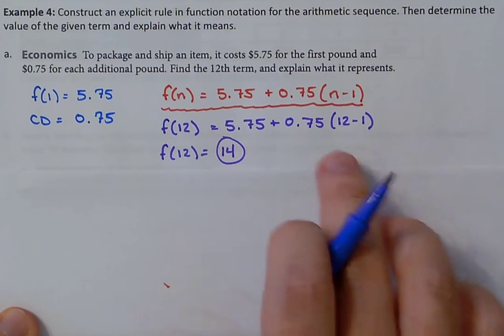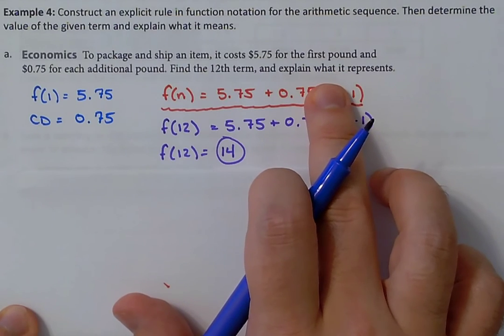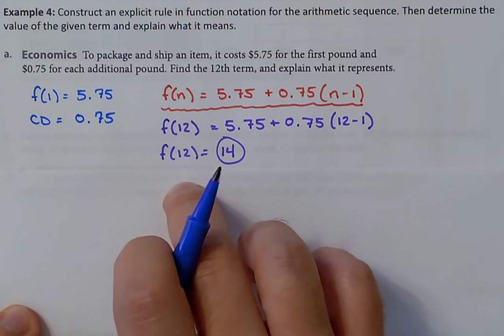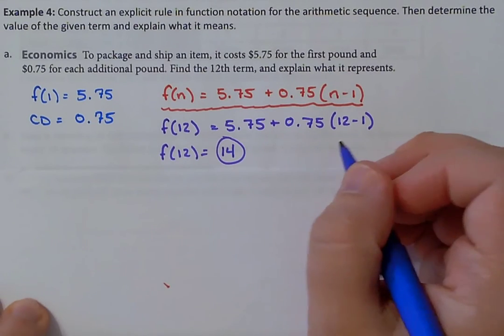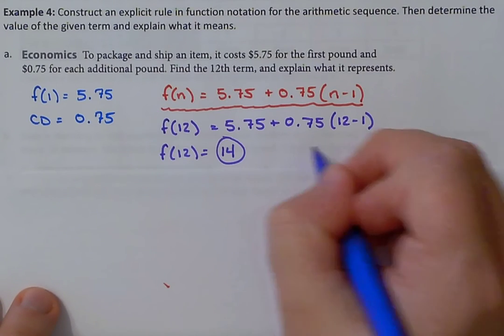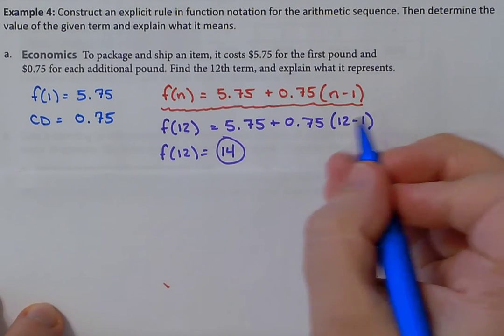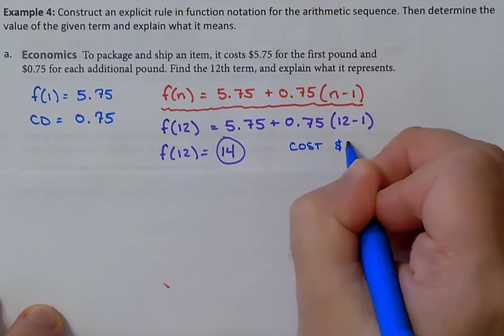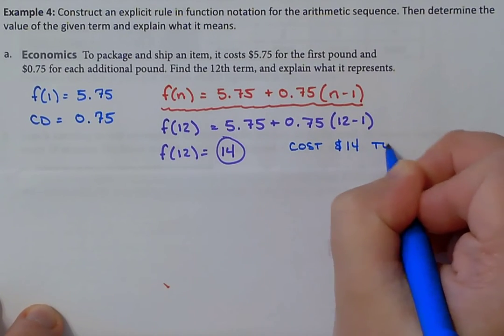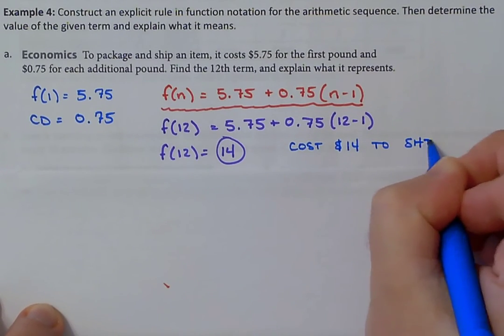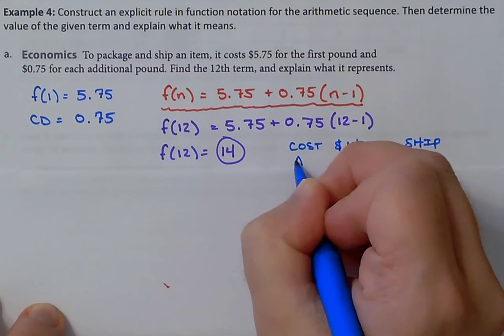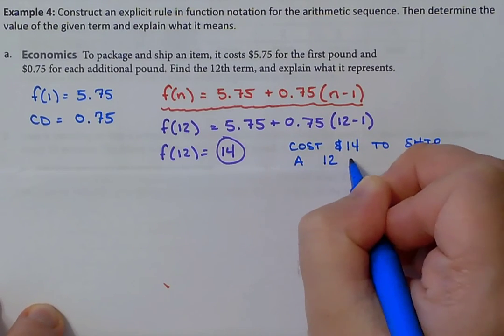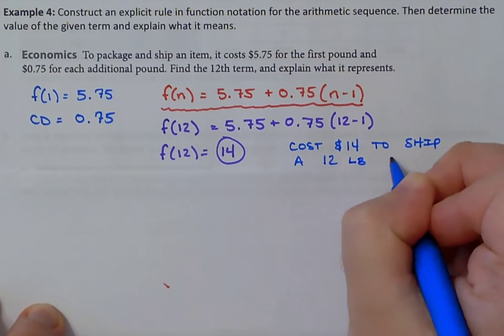It then wants me to go through and explain what that represents. So talking about the 12th term means it costs $14. I'm going to change color. So it costs $14 to ship a 12-pound package.